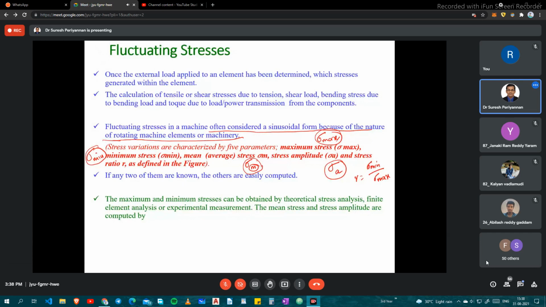The maximum and the minimum stress can be obtained by theoretical analysis or by the finite element method. When you are simulating your design, when you are designing a new component or mechanical system, that can be done with the help of FEM, right?